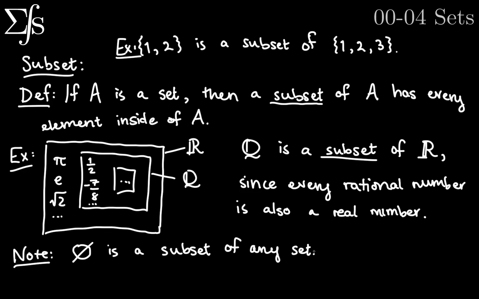Okay? So that's just a couple of interesting things. These are ways we can talk about sets and have it mean something in terms of bigger sets, sets that contain other sets.